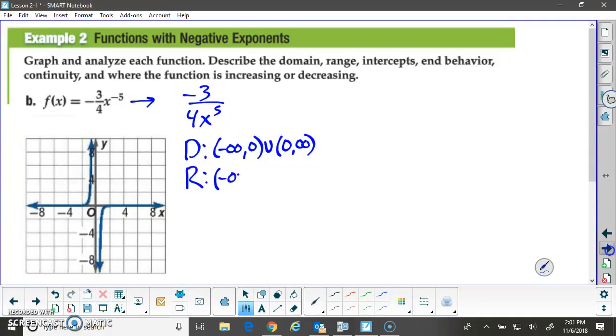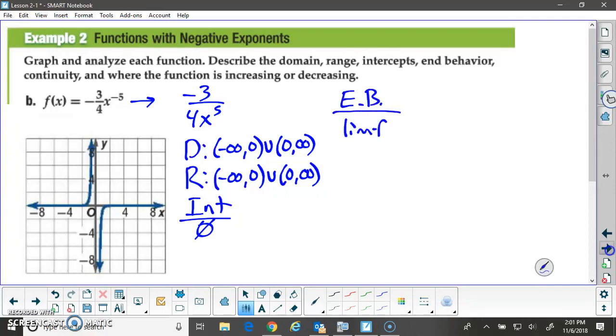Our range is the same thing, all numbers except for 0. Intercepts. We have no x and no y intercepts. Our end behavior, as you go really far to the left, this graph is getting closer to 0. And as you go really far to the right, this graph is getting closer to 0.